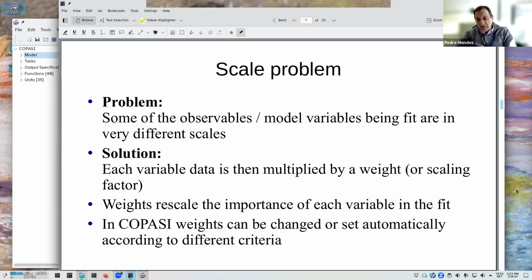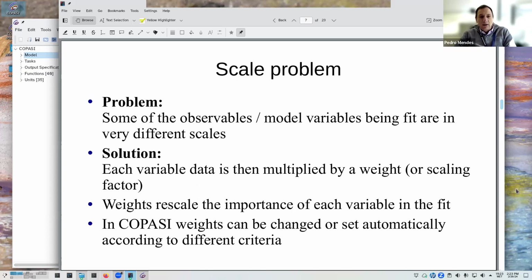Now, when we do parameter estimation, we have to be careful, particularly when we are fitting more than one variable. Let's say that you made measurements of two different chemical species, and one of them is in nanomolar and the other one is in micromolar.